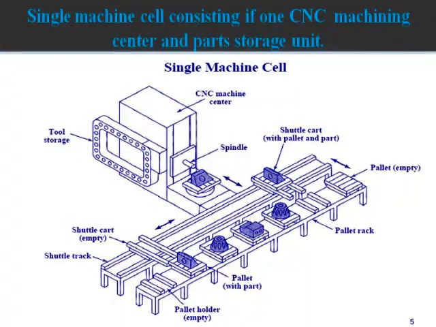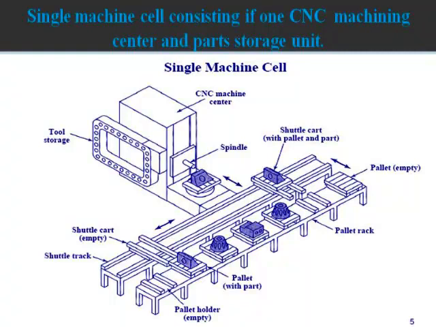In this, only a single machine is used, so we call it a flexible manufacturing cell. Only a single machine or a machining center is used, which is capable of doing a larger number of operations, and a single machine cell looks like this. And here also the pallets are transferred.